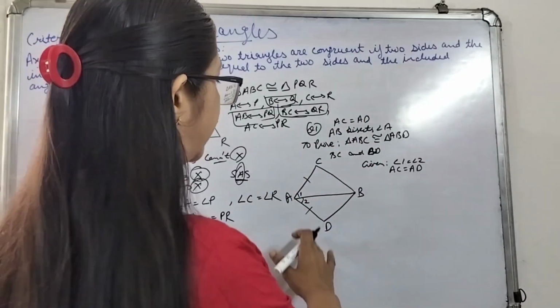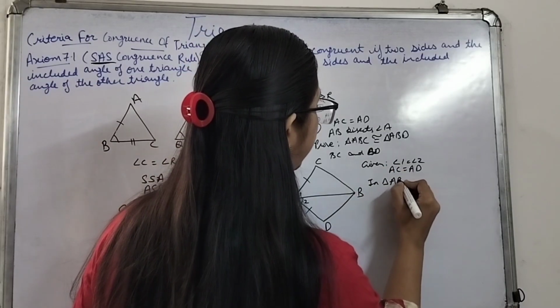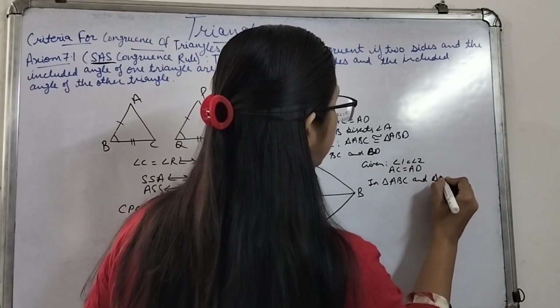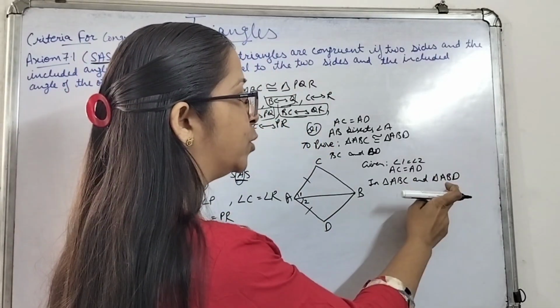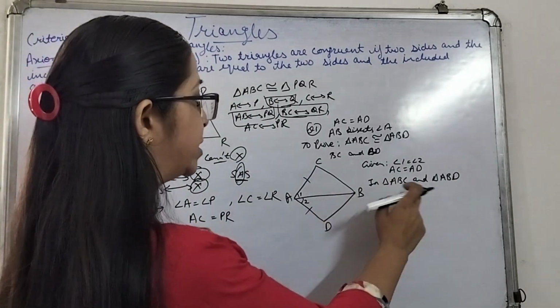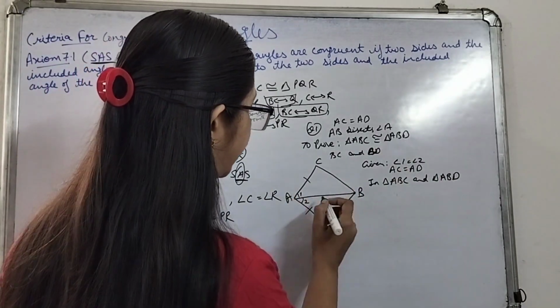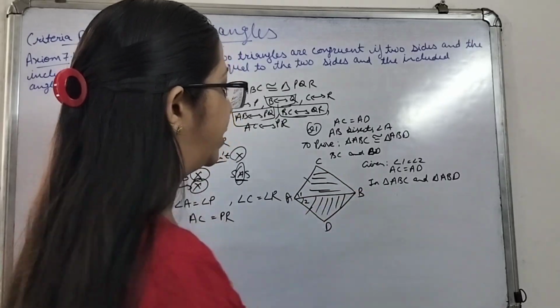So we will be considering these two triangles. So in triangle ABC and triangle ABD, over here A corresponds to A, B corresponds to B, and C corresponds to D. Now see, in these two triangles, we are considering this triangle and this triangle.